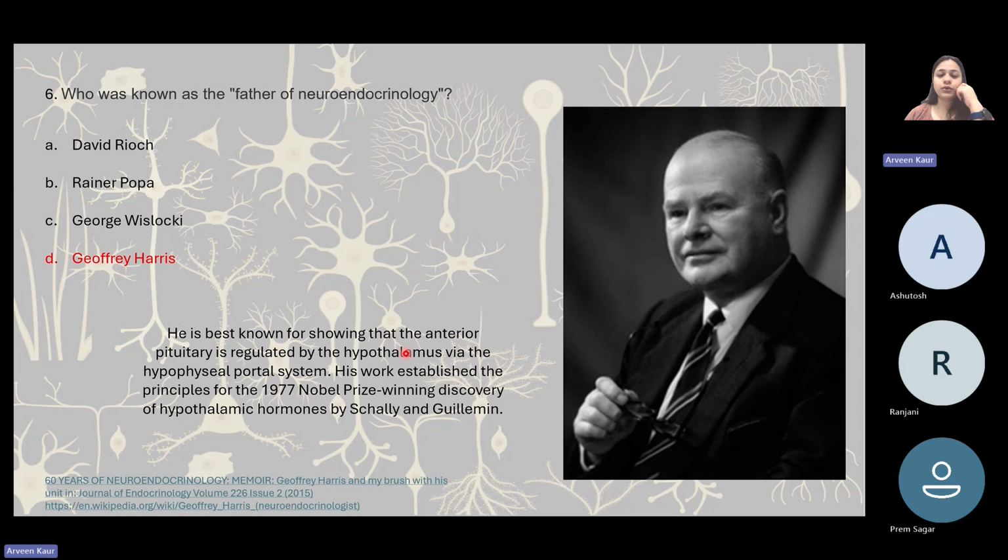He's best known for showing that the anterior pituitary is regulated by the hypothalamus via the hypophyseal portal system. So we have studied this adenohypophyseal system and the hypophyseal system by itself also. His work established the principles for the 1977 Nobel Prize winning discovery of hypothalamic hormones by Schally and Guillemin.